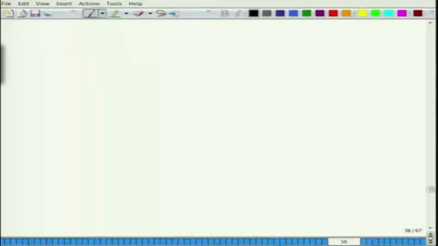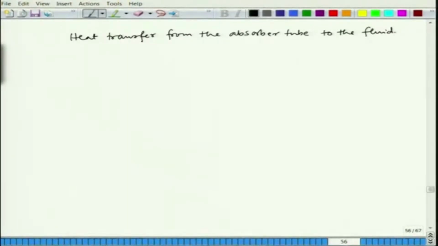And only one thing remaining here is to look at how the heat will be transferred from the absorber tube to the working fluid or the heat transfer fluid which is carrying out the heat.